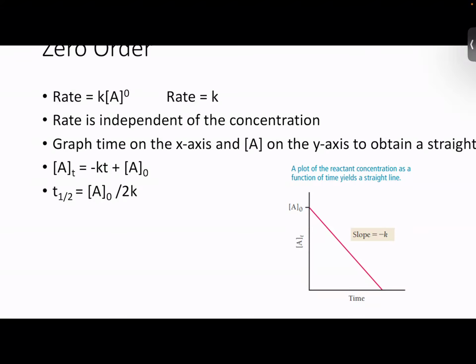Therefore, the slope of the line is equal to a negative K. So this means that we can use the slope of our line to figure out the rate constant by setting up this equation and solving.